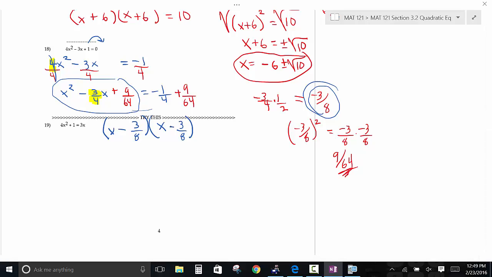Yeah. If you have both negative, wouldn't the middle be... You're talking about this term? On the x squared minus 3/4 x plus 9/64, the middle would have ended up being 6/8 if you have both negative. Where are you getting 6/8 from?